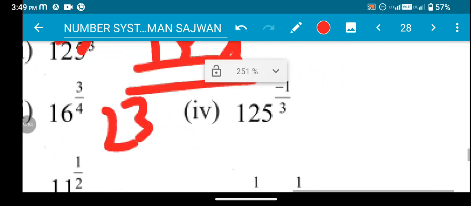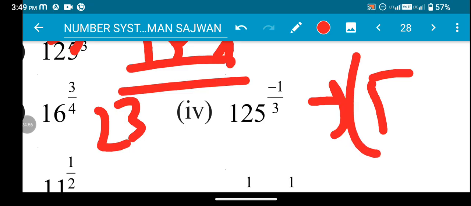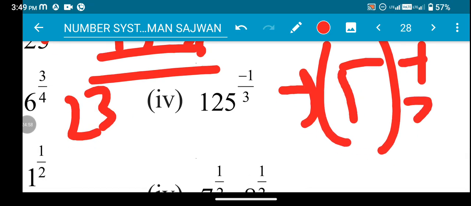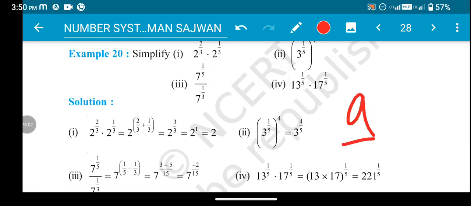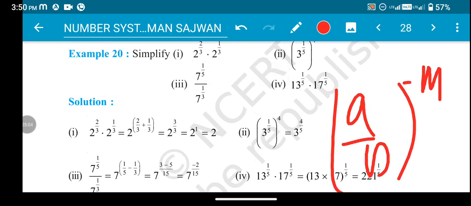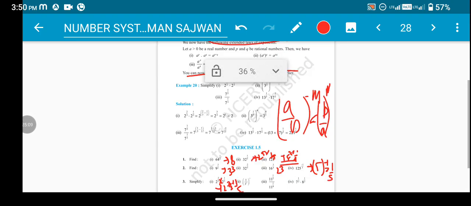This also I am telling: 5 raise minus 1 you can say 1 upon 5. According to which property? A upon B raised to minus m, so B upon A raised to m positive.